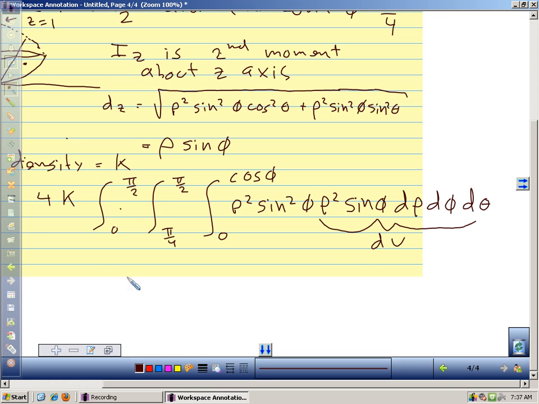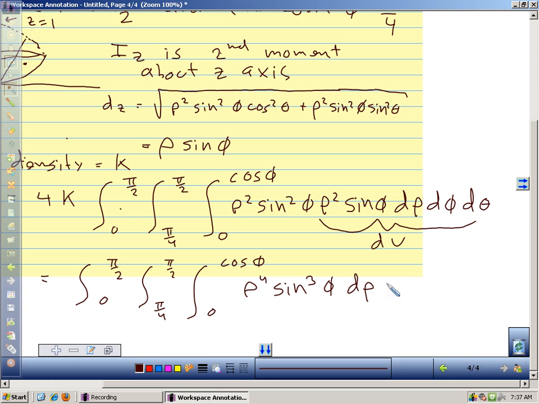So my integral, I get the integral from 0 to pi over 2, and I'm going to simplify this, phi from pi over 4 to pi over 2, rho from 0 to cosine phi, of rho to the 4th sine cubed phi d rho d phi d theta.